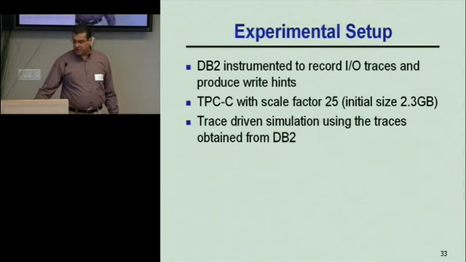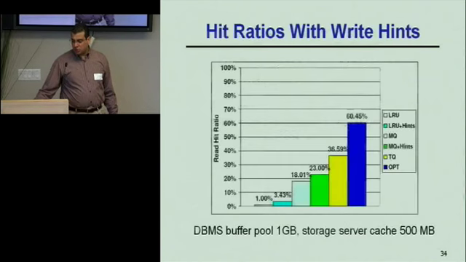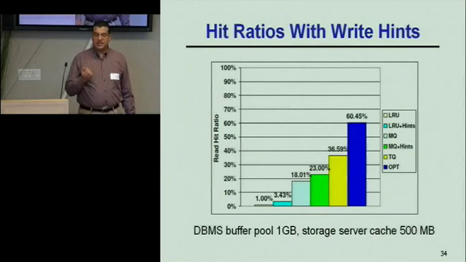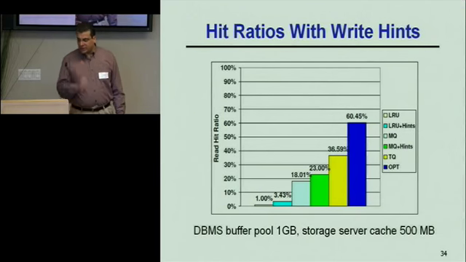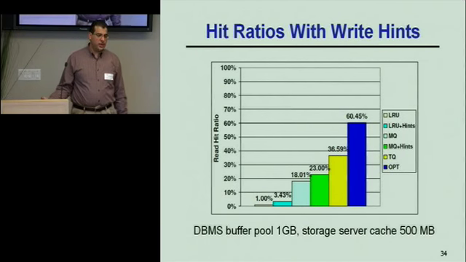And we use these traces in a trace-driven simulation to compute the hit ratio in the server cache under different policies. Okay? And what I'm showing here is one experiment where we had a 1 gigabyte buffer pool in the database system and a 500 megabyte storage server cache.